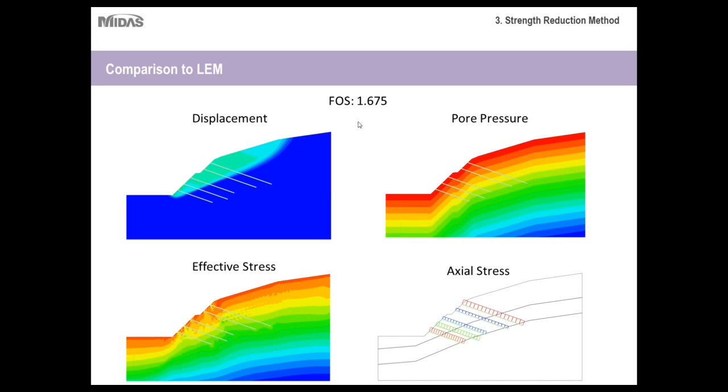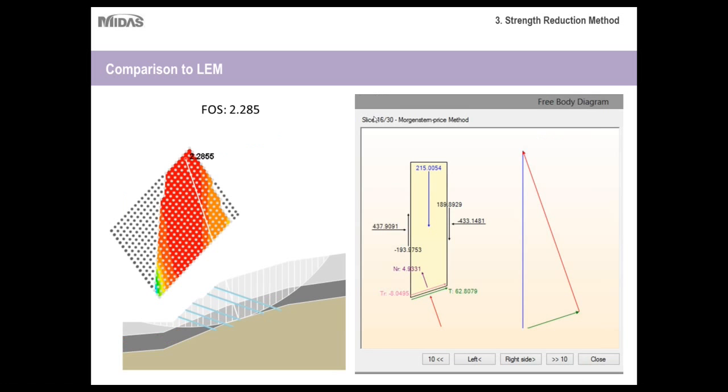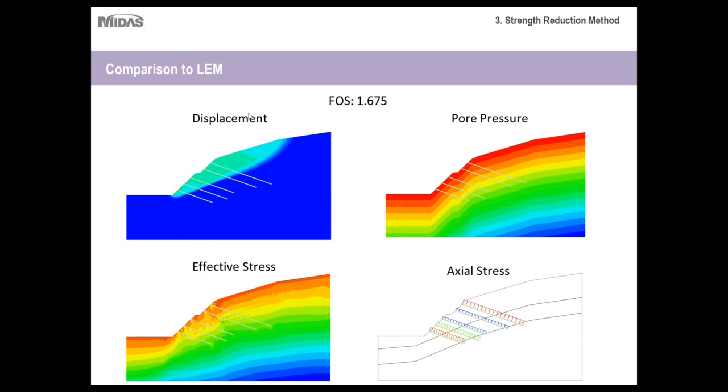And also I want to point out that the factor of safety here is much lower than what was given here, because this is the same project, analyzed with two different methods. So with the limit equilibrium method, the factor is about 2.285, but here it's about 1.675. So just keep in mind that because this strength reduction method can take into account pore water pressure directly and certain other factors, you can get factors of safety that are much more realistic.